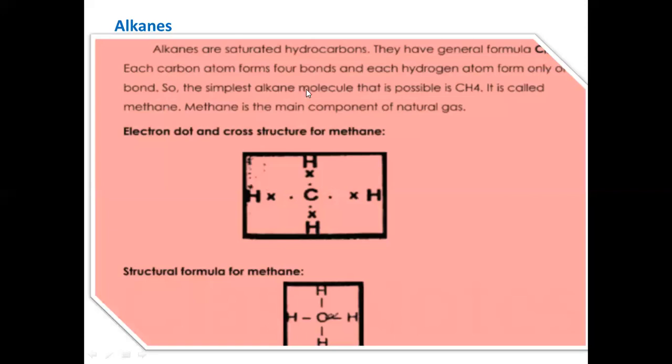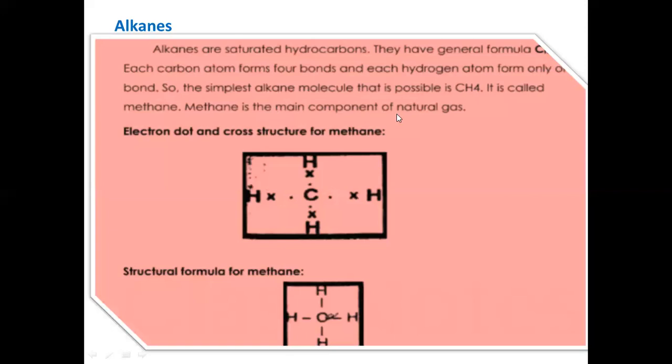So the simplest alkane molecule that is possible is methane, because definitely we start from 1 carbon atom and then the number of carbon atoms increases from methane to ethane, propane, butane, pentane, and so on. But the simplest one or the smallest alkane is methane.